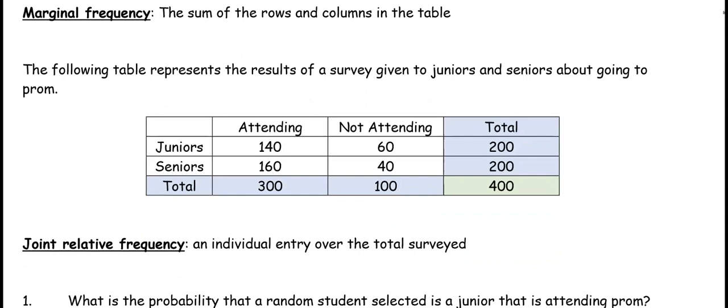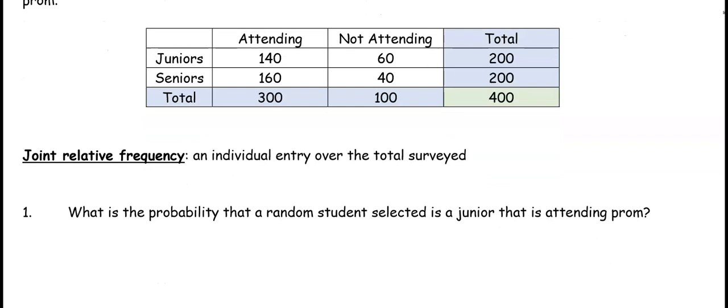The following table represents the results of a survey given to juniors and seniors about going to prom. So the ones attending, not attending, who were the juniors, who were the seniors, and then I gave you the totals. Now, joint relative frequency is an individual entry over the total surveyed.